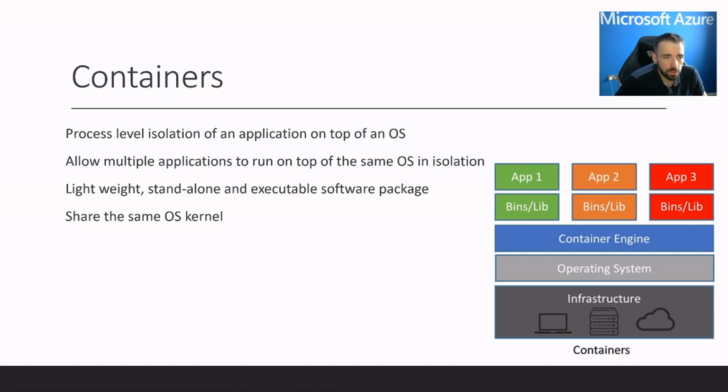So this then leads us to containers, and containers provide us with another level of isolation and virtualization. Whereas before, virtual machines virtualize the hardware, containers virtualize the operating system, and they allow us to run multiple applications on top of the same operating system, which is typically the same virtual machine, in complete isolation.